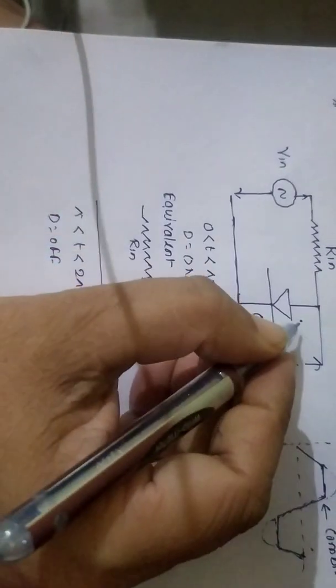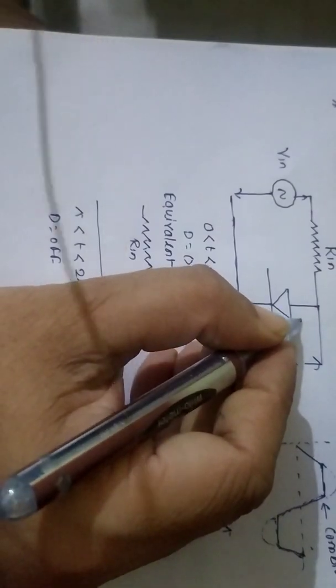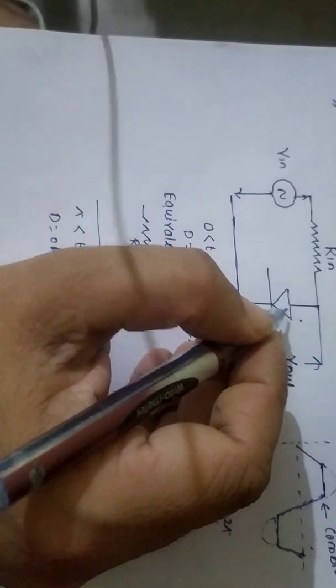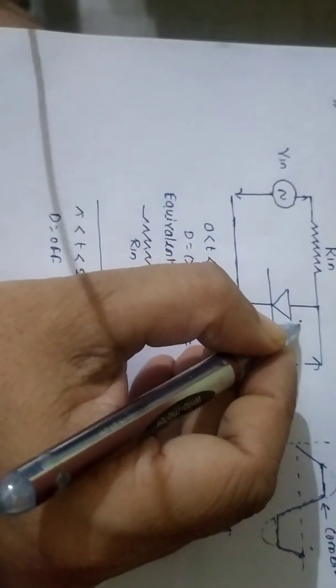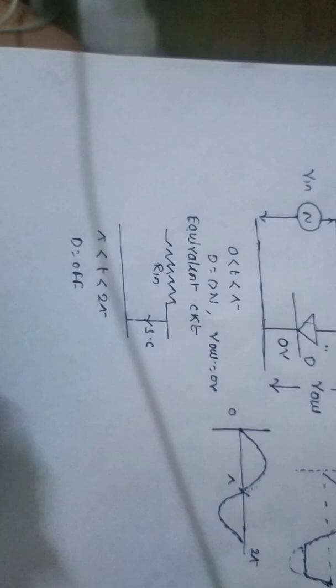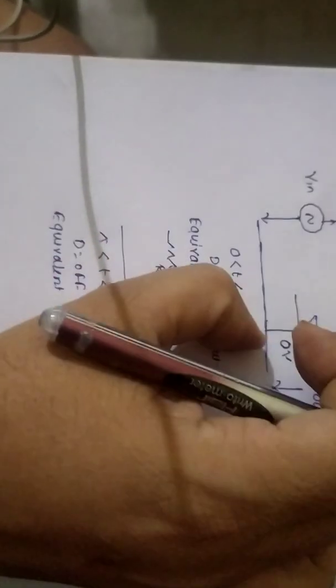So any voltage coming less than 0, for example minus 1, minus 2, minus 3, is going to appear at the anode of this diode. And because of that negative voltage, the diode is in the off state. Now, if you draw the equivalent circuit, we have to replace this by an open path.